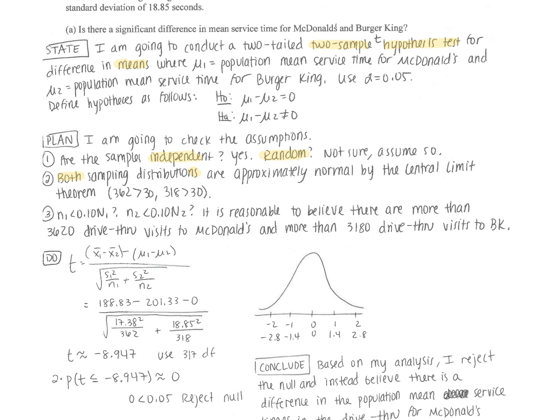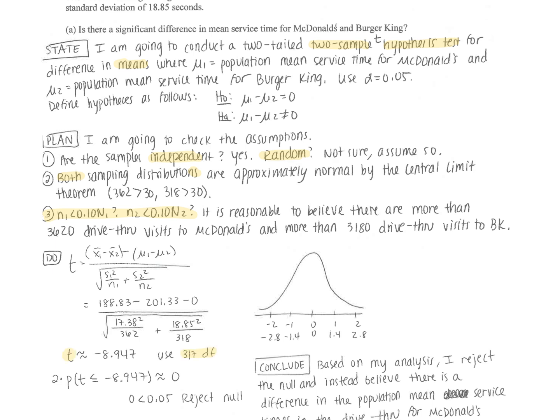And then you do need to check the 10% rule. A lot of us didn't because we said, oh, it's an infinite population. We're not looking at time. We're looking at people that actually visited or actual visits to McDonald's and Burger King. There are a finite number of visits. So that does need to be checked.